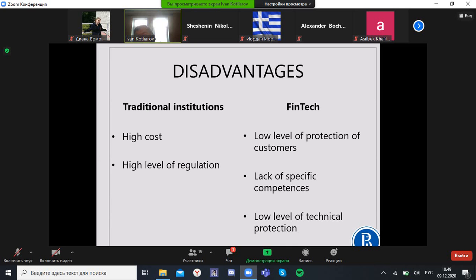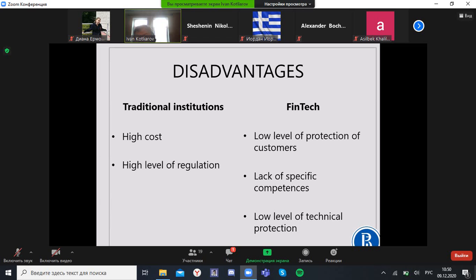Fintech companies, in many cases, start as technological companies, and they are working in the most profitable sectors of financial industry. They lack competencies necessary for development of financial services, which are more technical. For example, for mortgage credits. And they may have a low level of technical protection, so they may be attacked by hackers.